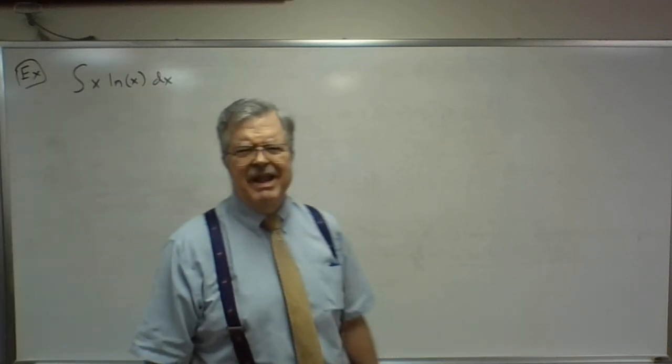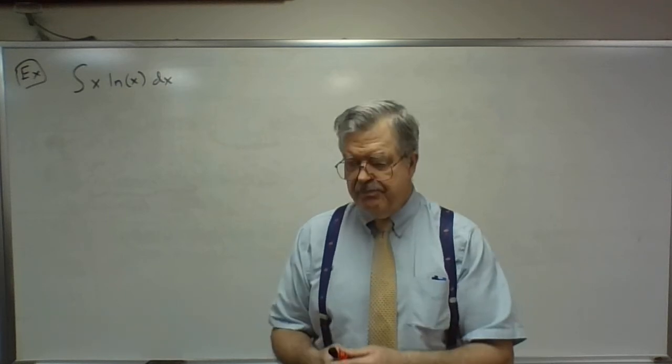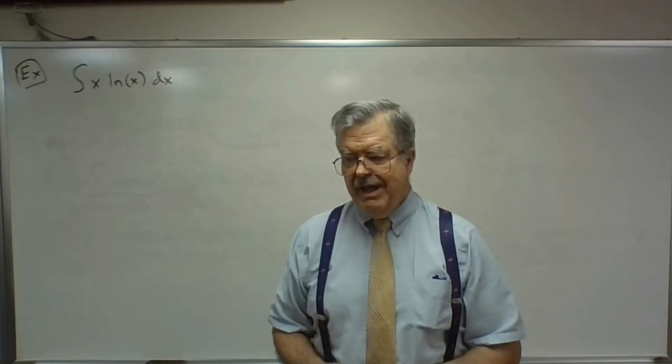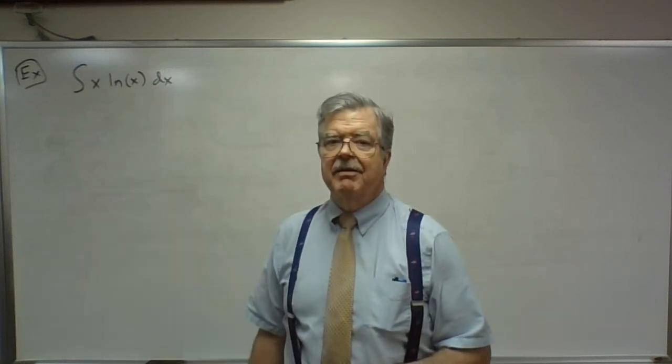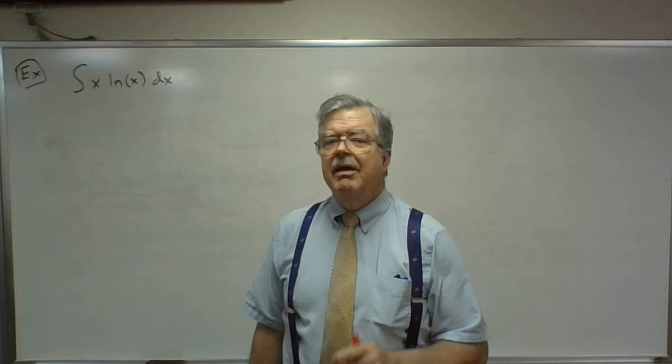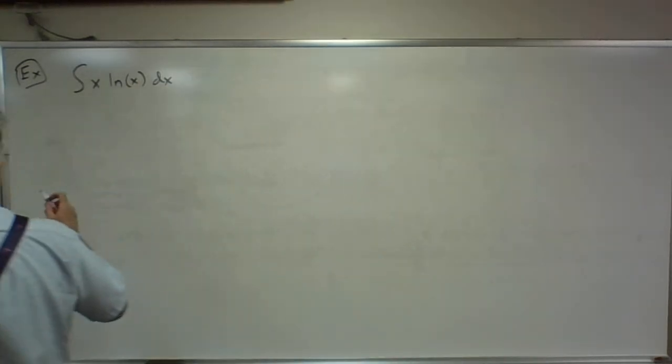Do we know how to integrate natural log of x? I'm assuming that we don't. So now we have a dv that we can't integrate. Here's where rule of thumb number 4 comes into play.